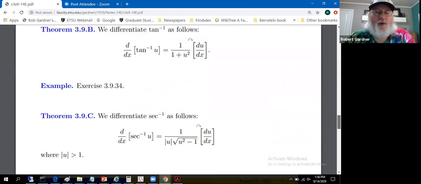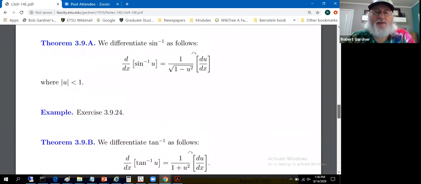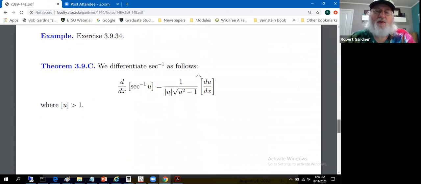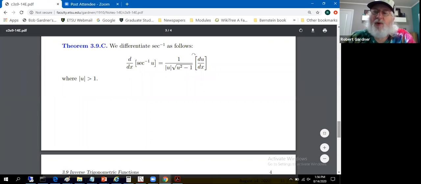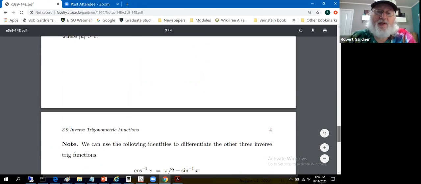Okay, so we've differentiated which ones? Sine inverse, tangent inverse, secant inverse, right? The inverse trig functions, but we haven't differentiated the inverse co-trig functions. We haven't done cosine, cotangent, or cosecant inverse.